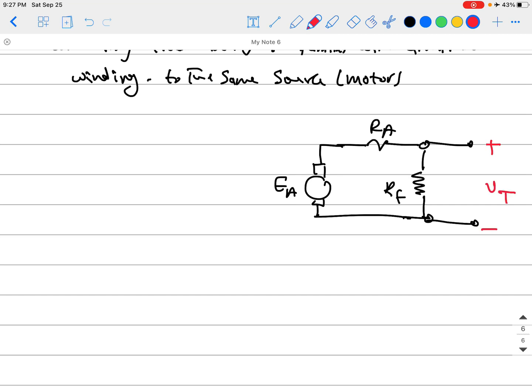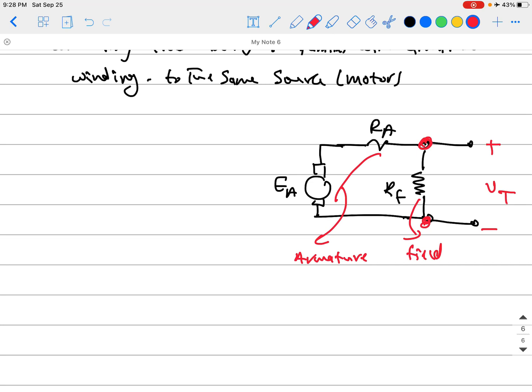So now the field winding and the armature winding are connected in parallel at the same points. And by using this, if it is a motor, you can use one source applied to both of them. So you get one source and you supply electricity to both of the windings.